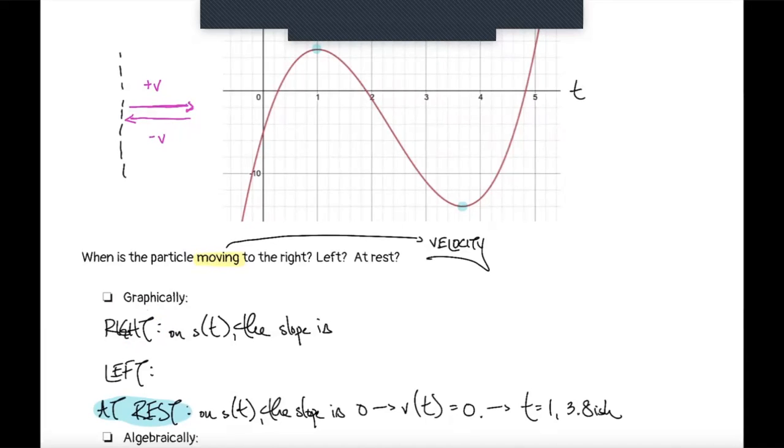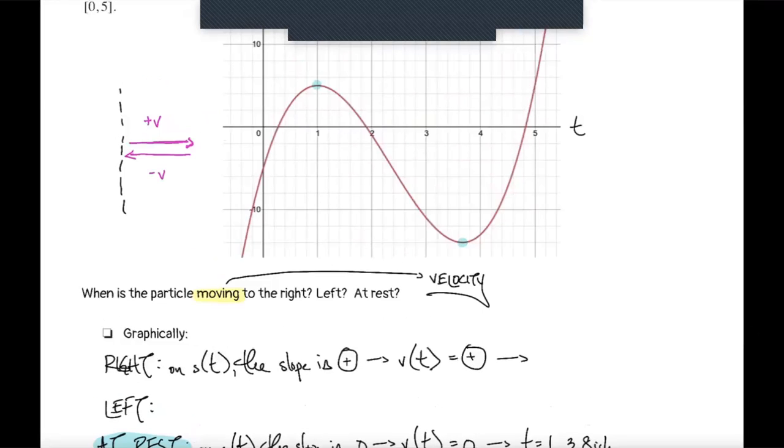That's very much a right-hand dominant society. But right now, right is the designated positive direction. And so on the position, if the slope is positive, that will tell you when the velocity is positive. Anytime the velocity is positive, we are traveling to the right.